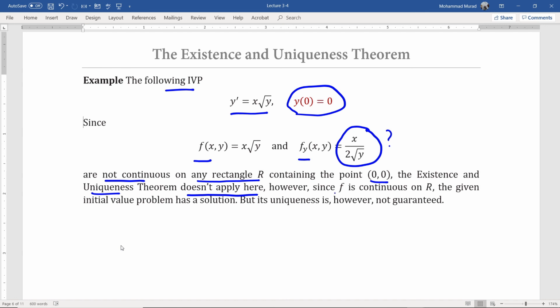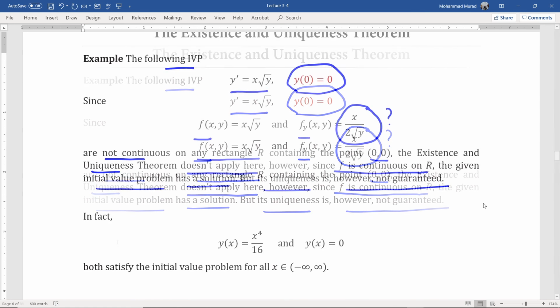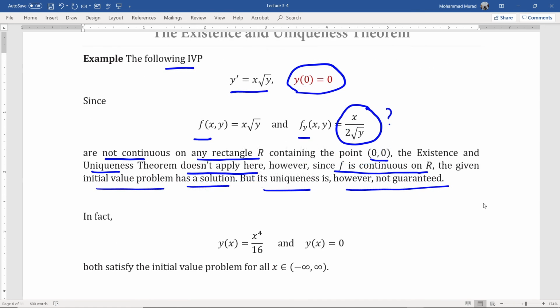However, since f is continuous on R, the given initial value problem has a solution. But its uniqueness is not guaranteed. In fact, as we saw earlier, these two functions both satisfy the initial value problem for all values of x from negative infinity to positive infinity. Here, this is the interval I.